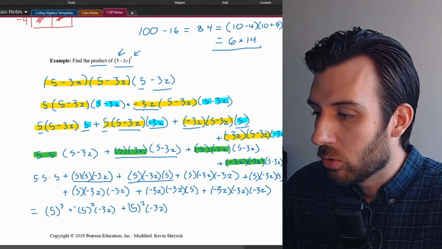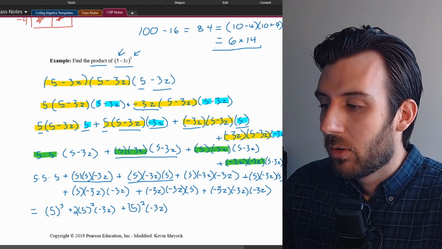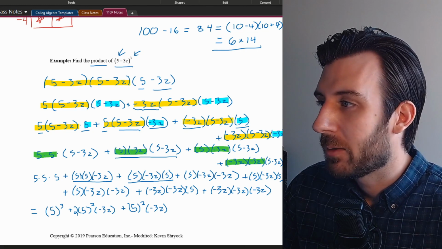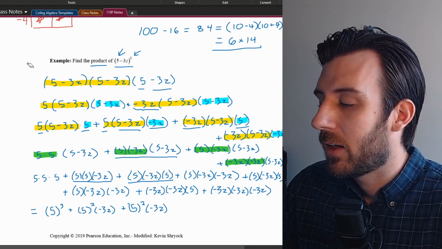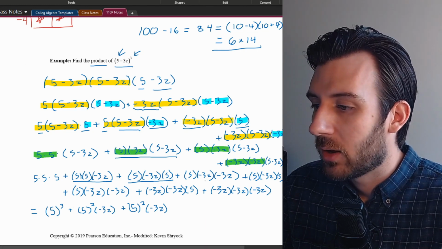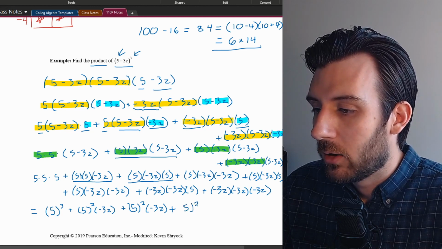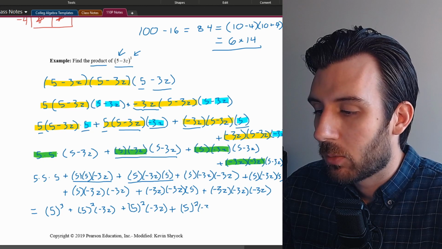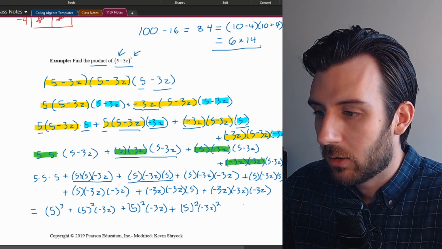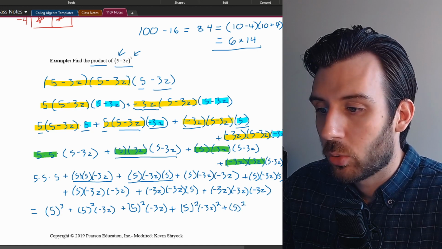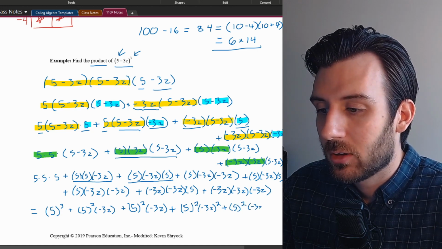That's just 2 of these 5 squared negative 3z's. Maybe I'll save that for my next line of work. I'll write it all out and then we'll simplify it. Okay, so I have that. Let's do the next one. That'd be 5 squared times negative 3z squared plus 5, oh, another one, squared times negative 3z squared.